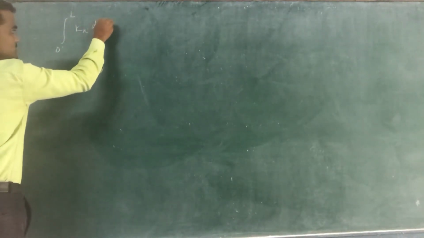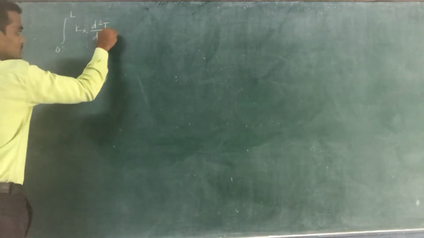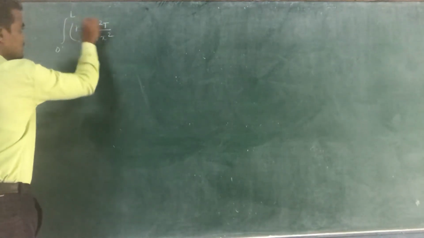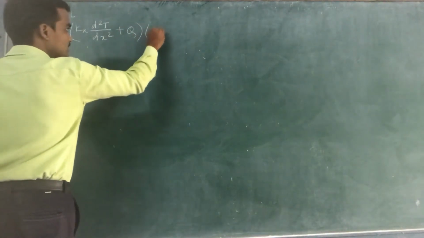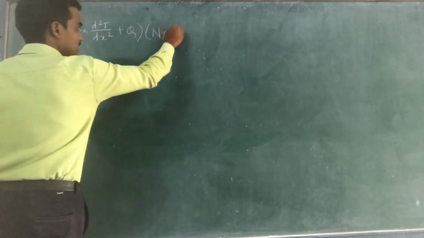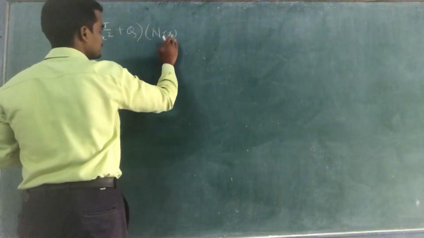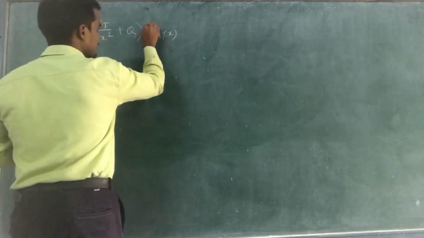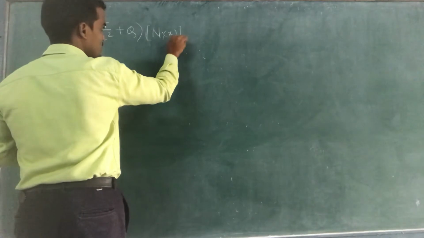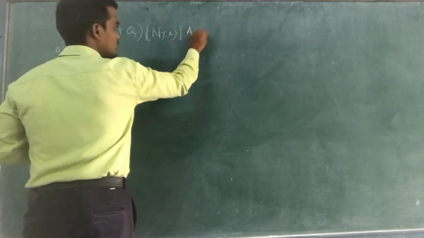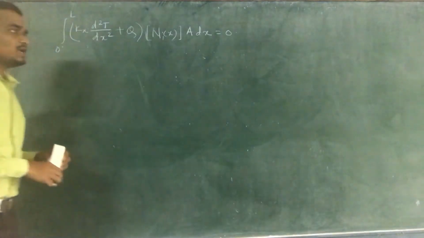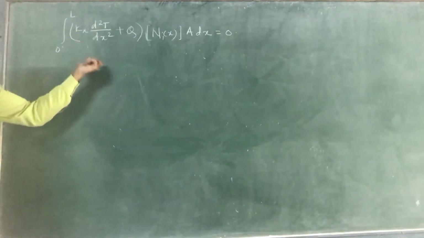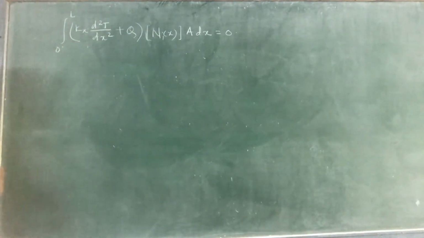Kx into d square T by dx square plus q, into the shape function Ni of x, into the volume, which is area into dx, is equal to 0. Now we need to solve this equation to get our elemental stiffness matrix.